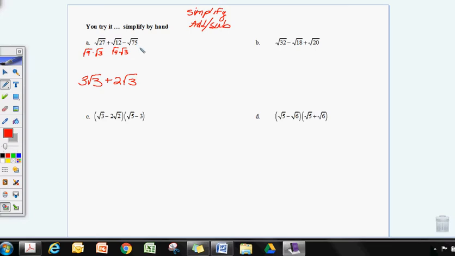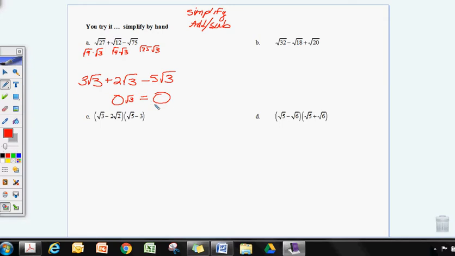And for 75, I have square root of 25 times square root of 3, which would be subtracting 5 square roots of 3. They're all the same roots, so they're like terms. 3 plus 2 is 5. 5 minus 5 is 0. I have 0, and if you want to write square roots of 3 behind it, but I'm just going to tell you it equals nothing, and that's how we're usually going to do it.